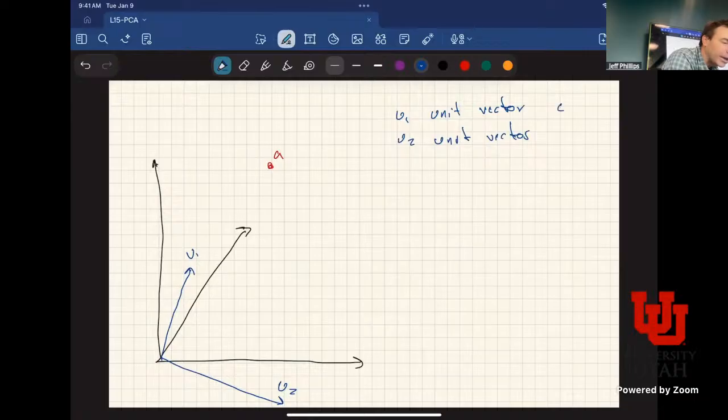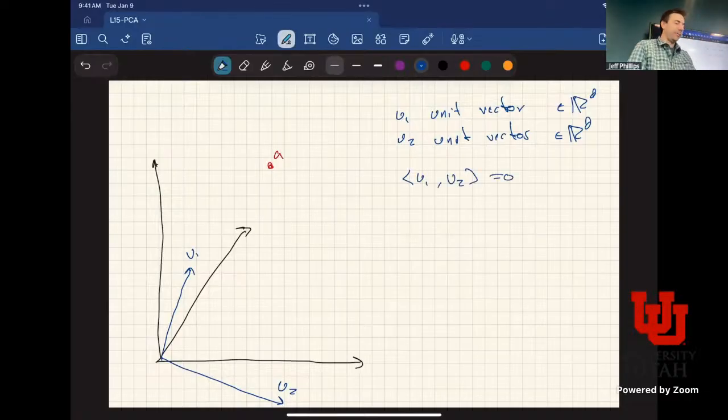These are both in R^d. But I'm going to add the restriction that the dot product between U1 and U2 is exactly 0. That means that these are orthogonal, so there's a right angle between them.